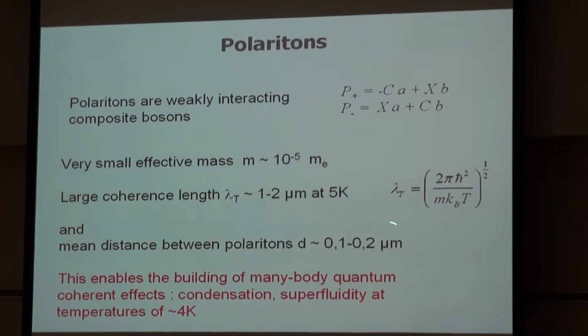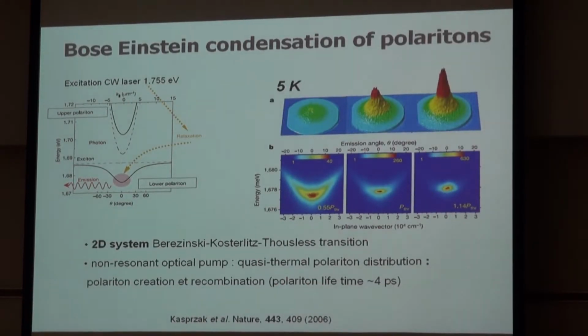The coherence length is rather large, 1 to 2 micrometers, while the distance between the polaritons is a fraction of a micrometer. So in principle, all these numbers correspond to the right numbers to observe condensation, superfluidity, etc.